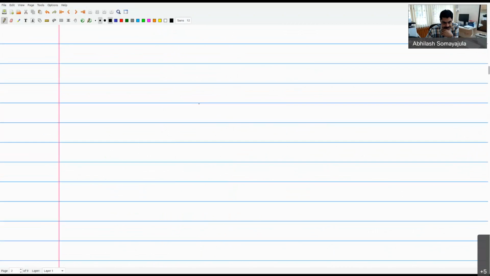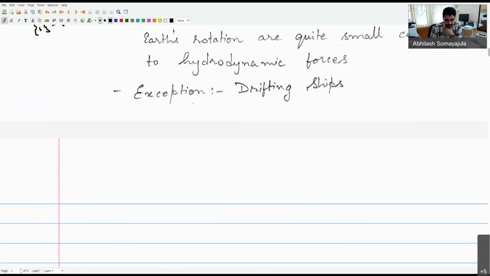So the contention is d by dt with respect to an inertial frame of a vector A is equal to d by dt with respect to a body fixed frame of the same vector plus omega ib cross A.